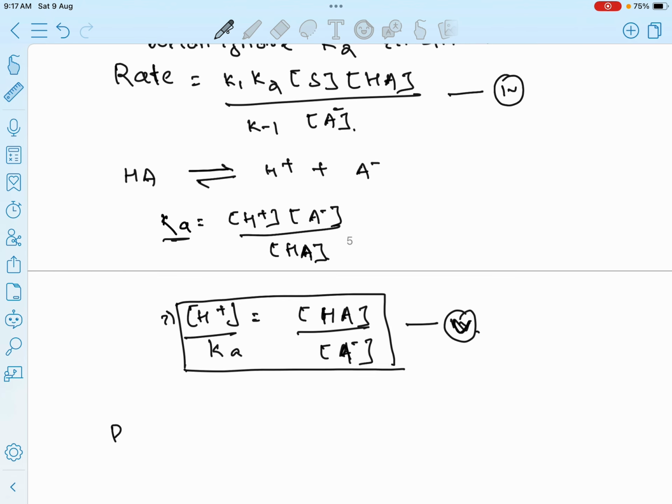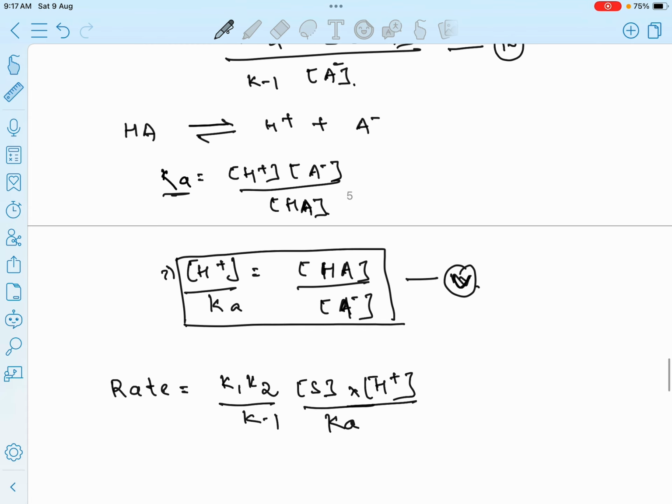So what would the rate of the reaction be? The rate of the reaction would be K1 K2 by K minus 1 into the concentration of substrate multiplied by HA by A minus, which is nothing but the concentration of H plus by Ka.